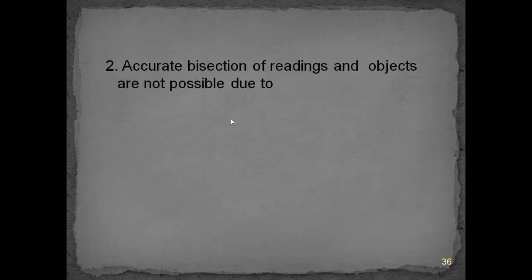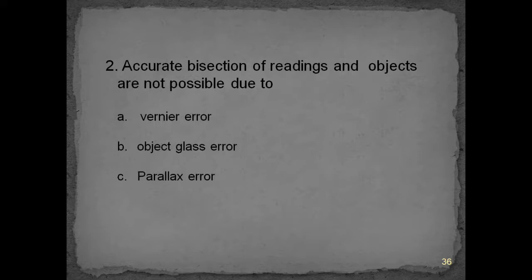Accurate bisection of readings and objects is not possible due to: Vernier error, object glass error, parallax error. Because of parallax error, we cannot bisect the object accurately, therefore readings cannot be taken accurately.